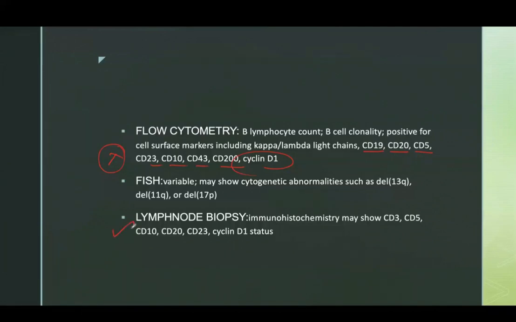Lymph node biopsy will also show the same markers. But in FISH, fluorescent in situ hybridization, you will find cytogenetic abnormalities like deletion 13q, 11q, and 17p. These are the 3 things which again you have to remember. There is no excuse but to mug up these names.